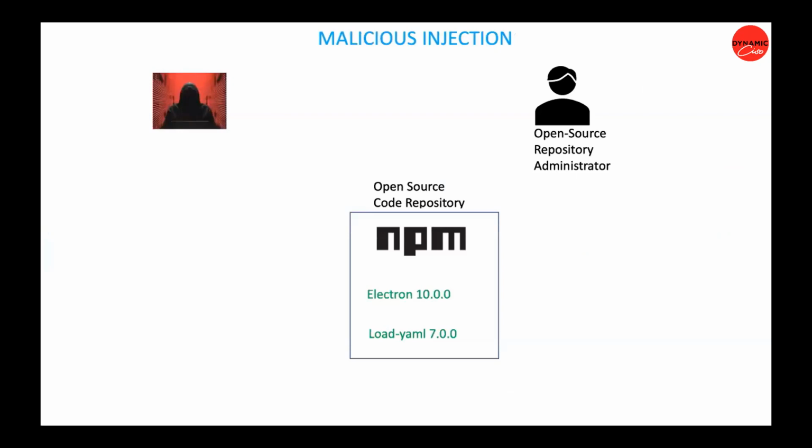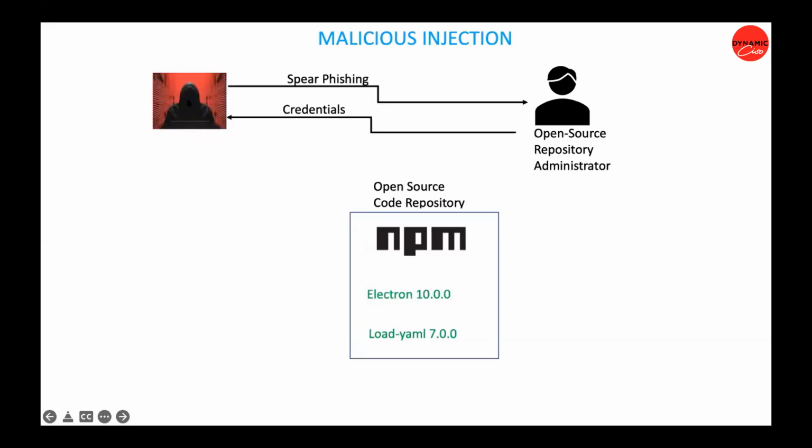The next attack is malicious injection. This is a very standard thing. Every open source repository has an administrator or a group of people who maintain that repository, right? They're administrators. So suppose these guys are administering NPM, this particular code repository.